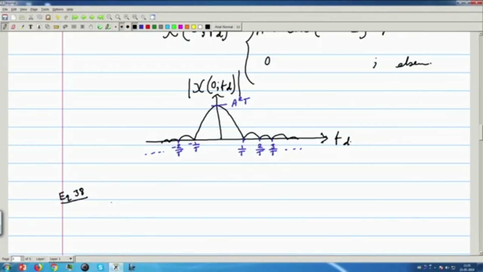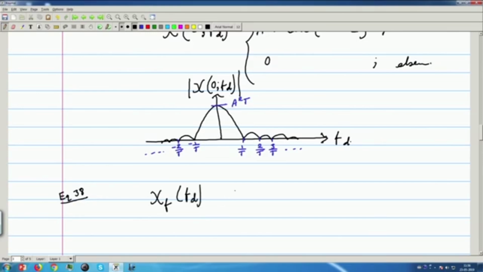If you go back and see equation 38, the expression of chi, sometimes written x, of f and f d.